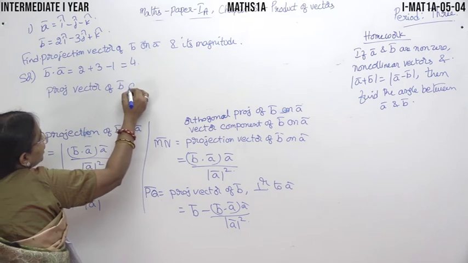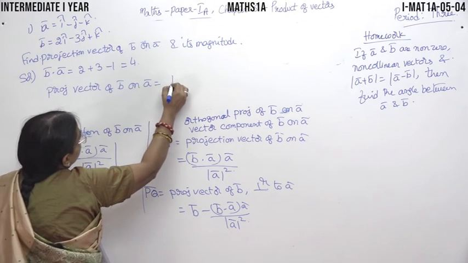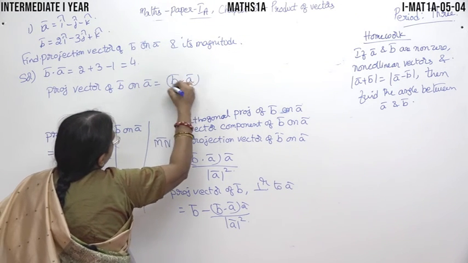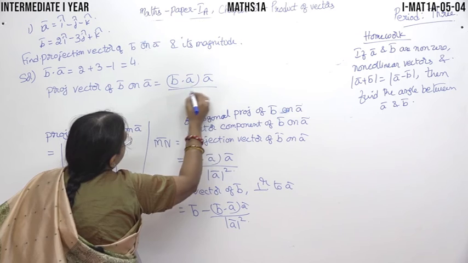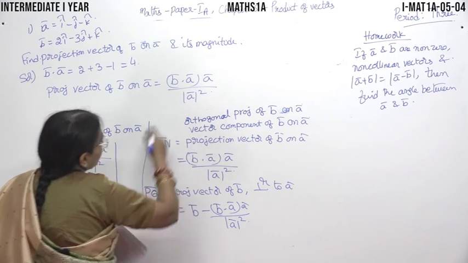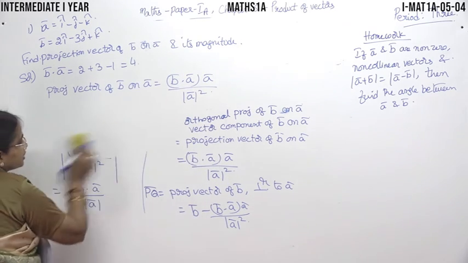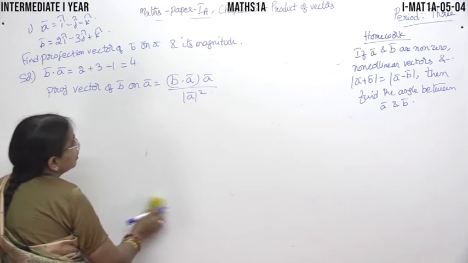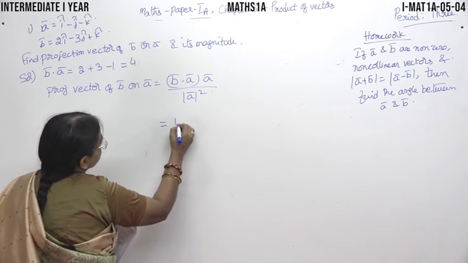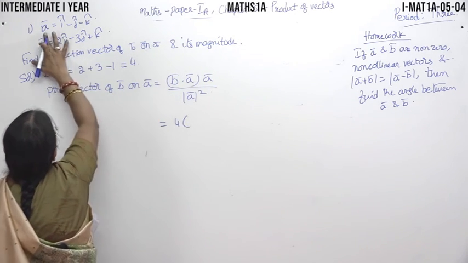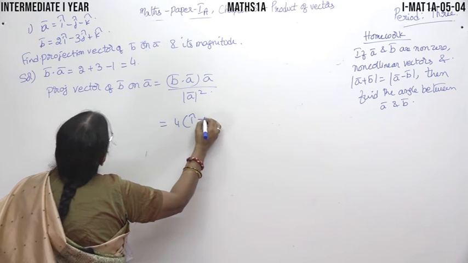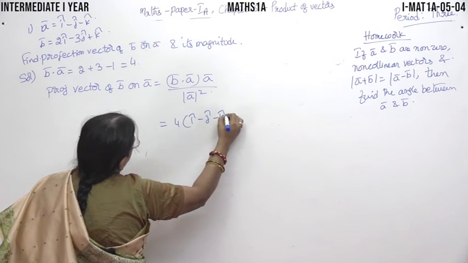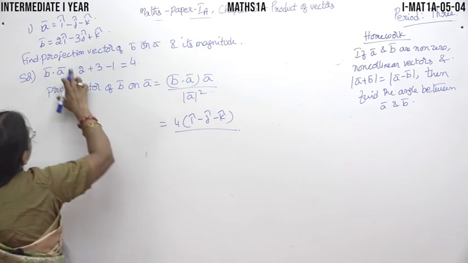So the projection vector of B on A is equal to B dot A into A by mod A square. B dot A we got as 4, into the A vector, I minus J minus K, by mod A square. What is the modulus?